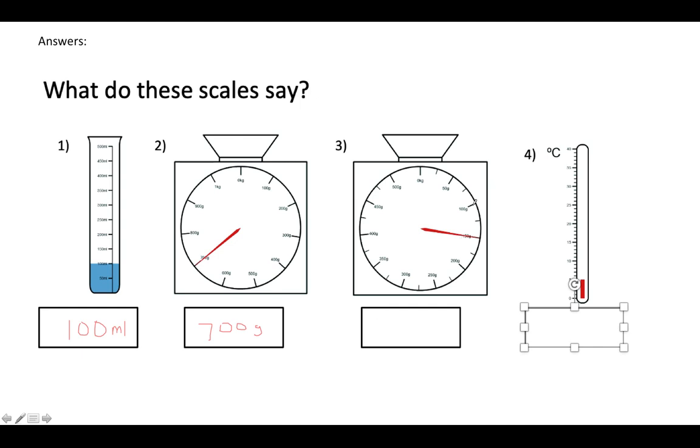This one is actually going up in 25s, so 100, 125, 150, but it reads 150. And this one is going up in 5s, so it reads 5.